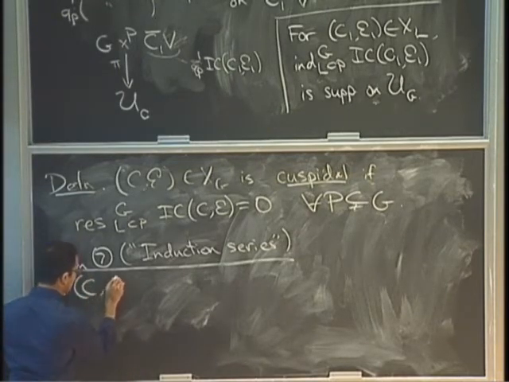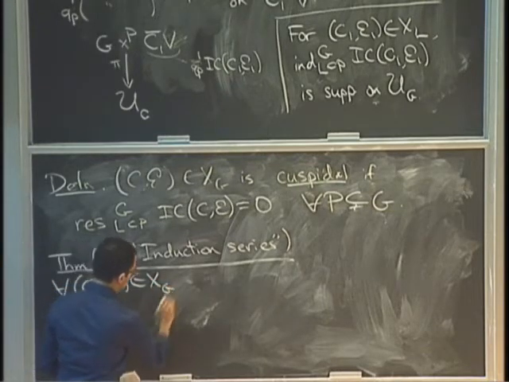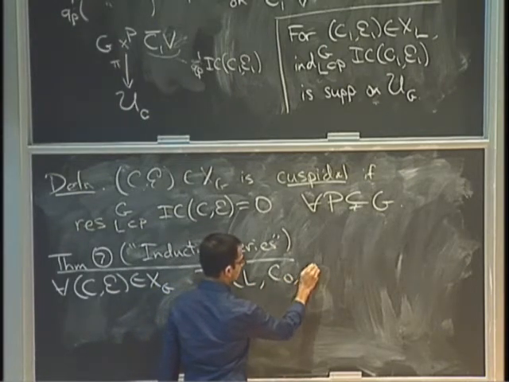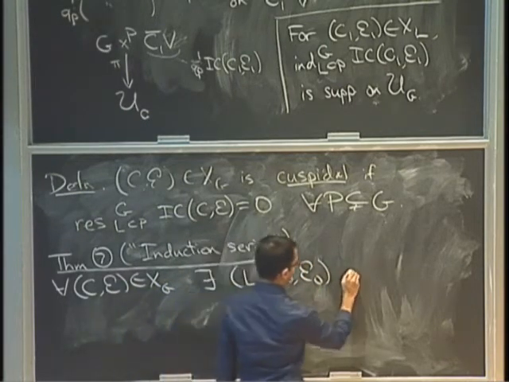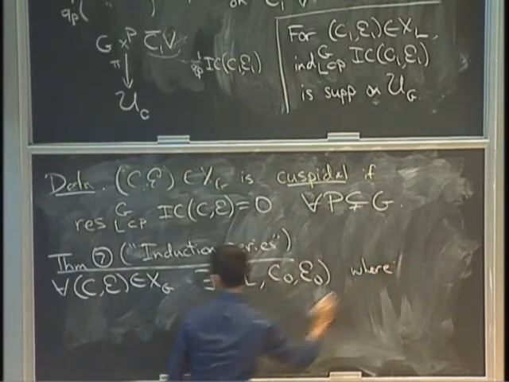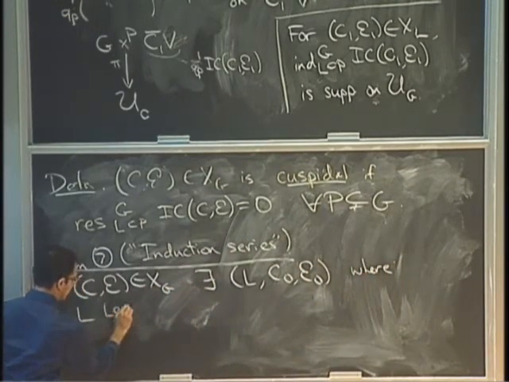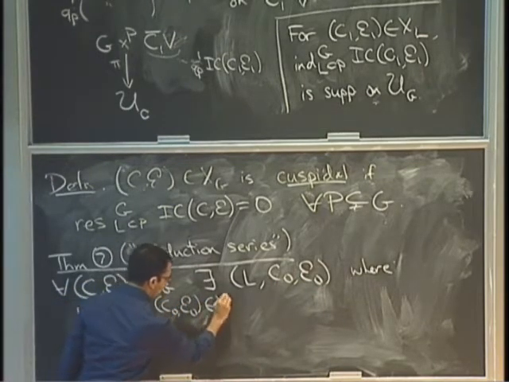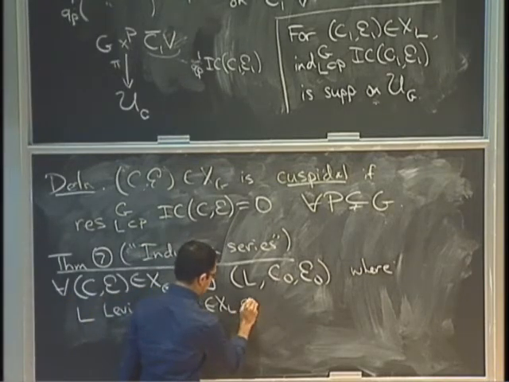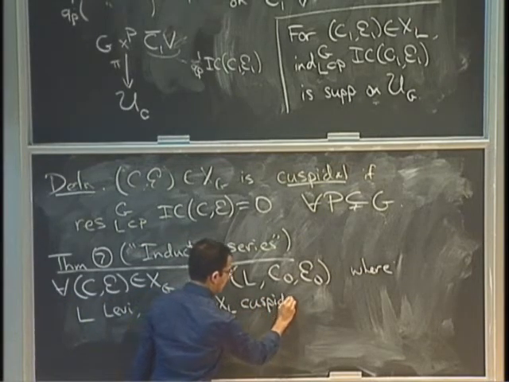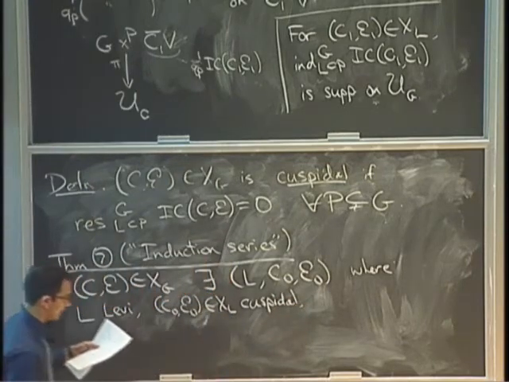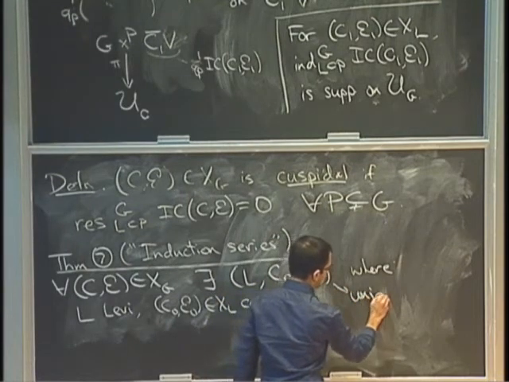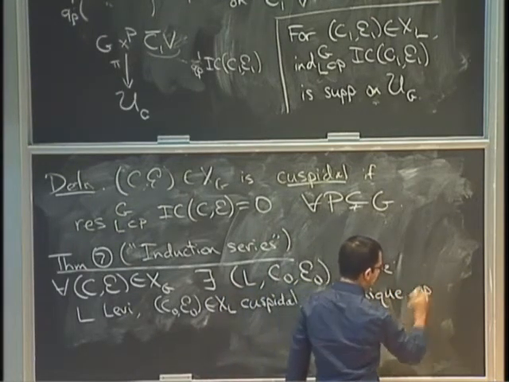So for every CE in XG, there exists a triple L, C naught, E naught, where of course L is a Levi, C naught E naught is a pair in XL, and it's a cuspidal pair for the Levi. And this triple is unique up to G-conjugacy, so it's as unique as you could expect it to be.